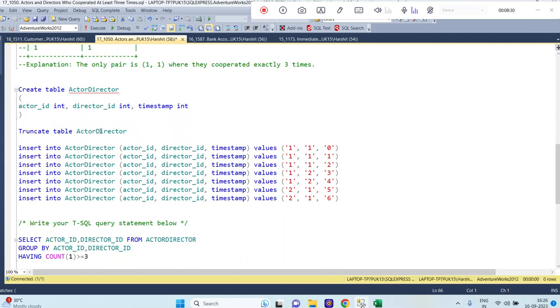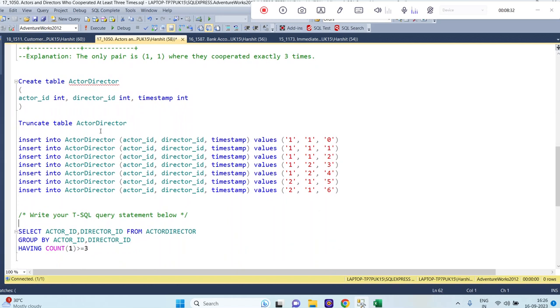So I have created the table. Now this is very simple, guys. We need to use group by, and in the group by we need to use actor ID and director ID, and we need to count where this combination is repeating 3 or more times.